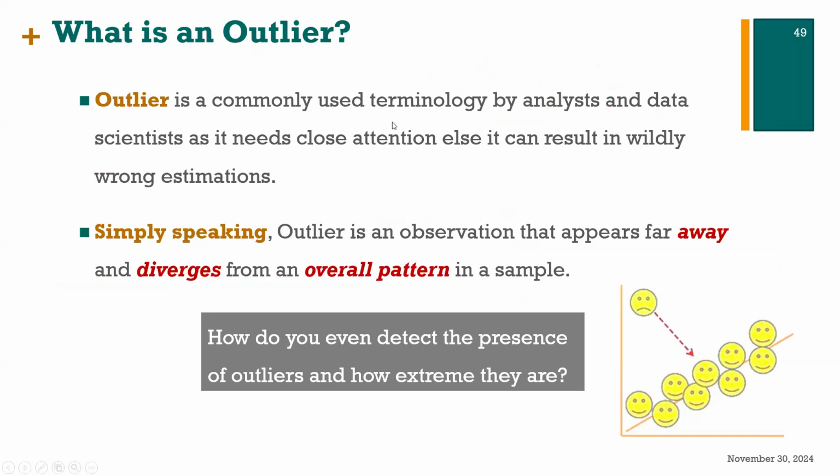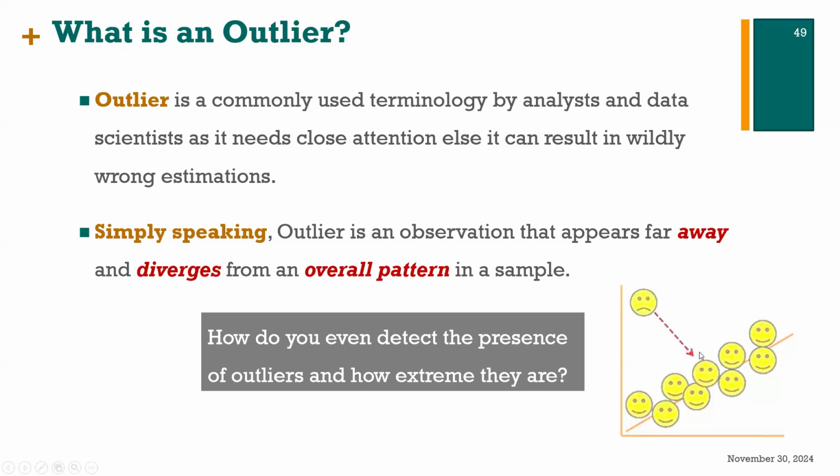We say an outlier is a commonly used terminology by analysts and data scientists that needs close attention, because it can result in widely wrong estimation. It can affect the entire modeling that you are trying to deal with. So we say that an outlier is an observation that appears far away and diverges from an overall pattern in the sample.